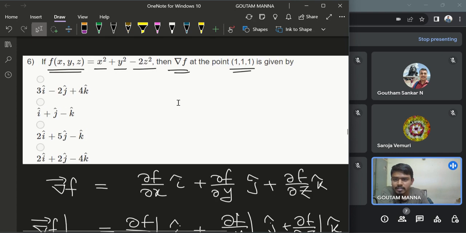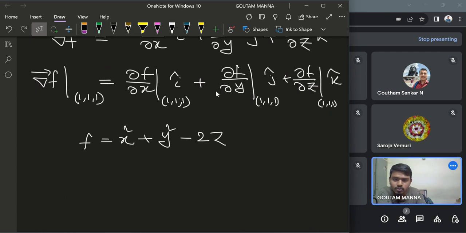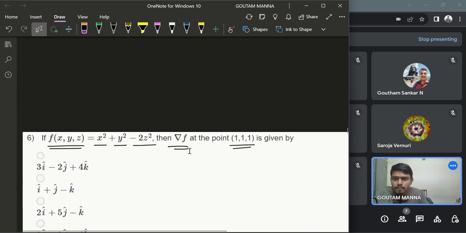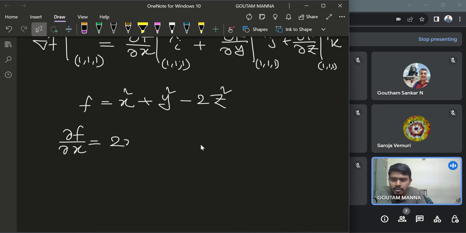So del f del x, f is x square plus y square minus 2z square. So del f del x is 2x. In that case, del f del x at point (1, 1, 1) will be 2.